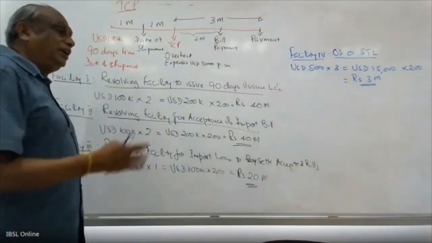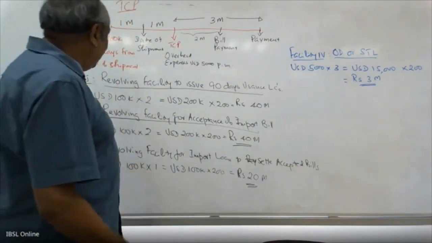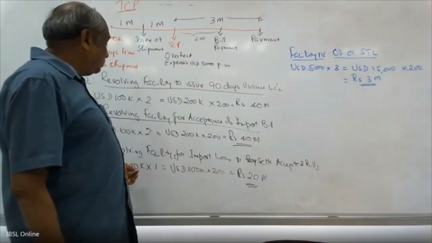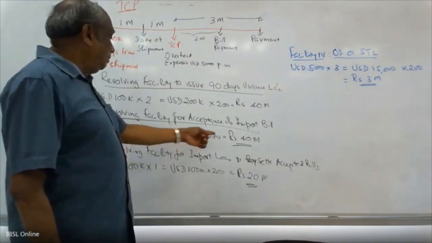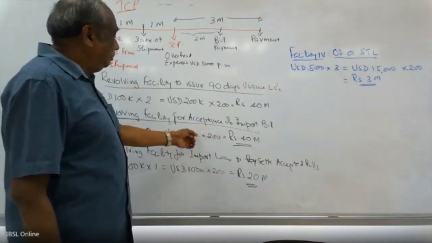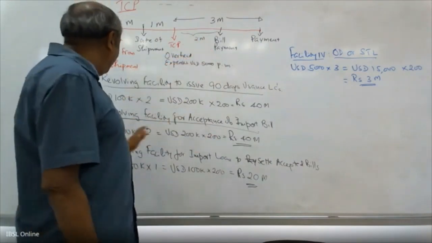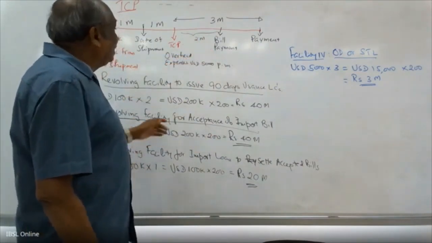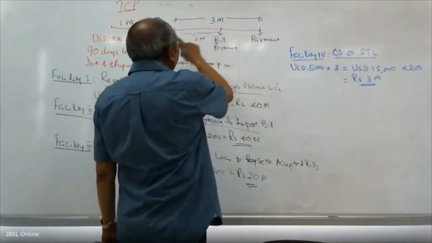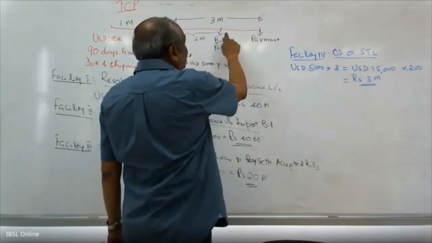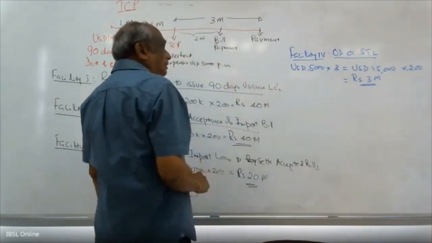But every month, you are getting such bills. So that is why US dollars 100,000, right? After the second month, you have to pay this particular bill. The first bill you have to pay because you are getting the money only after 3 months.